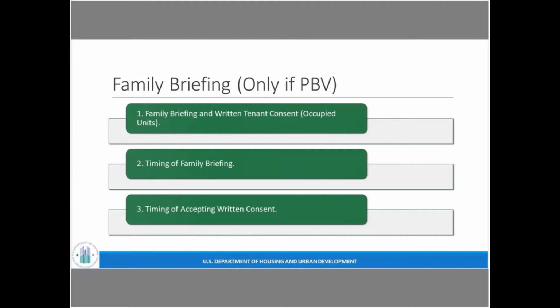So again, as we discussed in the relocation slide, families have the statutory right to stay in their units using tenant-based assistance. Housing Authority can certainly offer them the ability to give up that right and instead accept their unit under a PBV lease.